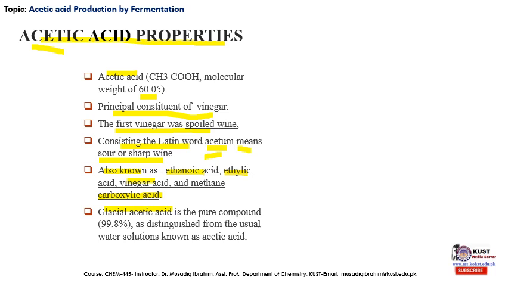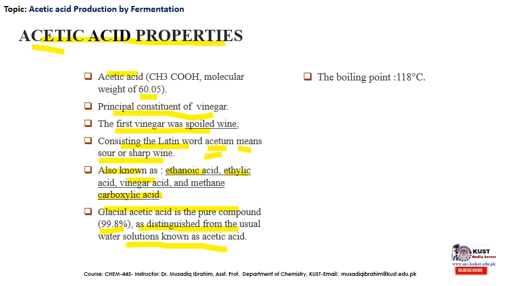The glacial acetic acid is a pure compound which has a purity of up to 99.8%, as distinguished from the usual water solutions known as acetic acid. So glacial acetic acid is the purest form of acetic acid available for experimentation purposes.